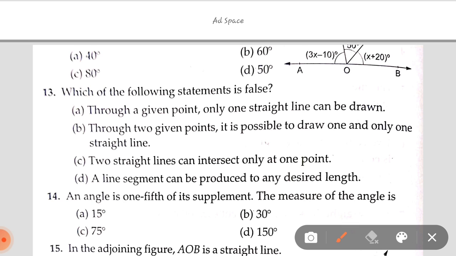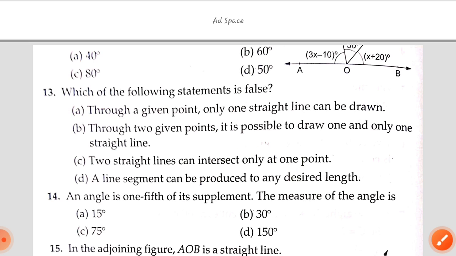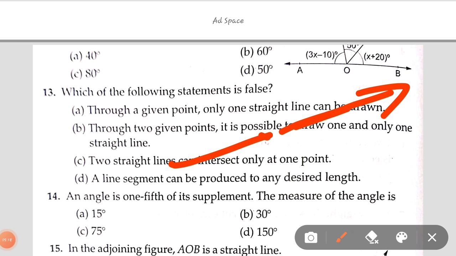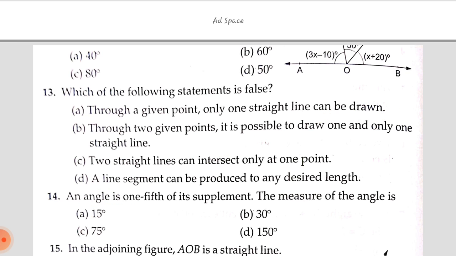Then the answer is option A. Option C, two straight lines can intersect only at one point. Option D, a line segment can be produced to any desired length. Yes, of course, a line segment can be produced on this side also.